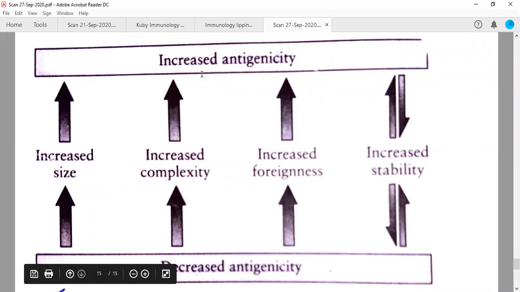So there are two terms, antigenicity and immunogenicity. Now you need to remember that all antigens need not be immunogens. An immunogen means an agent which can activate the immune response, but an antigen can be anything.